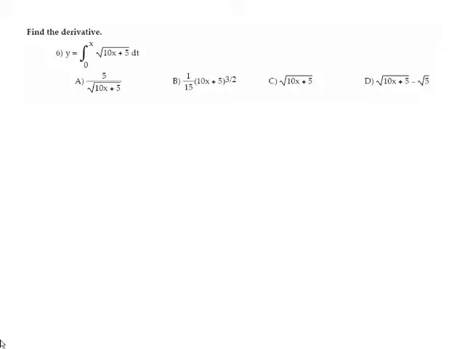Problem 6, we need to use the fundamental theorem of calculus, and basically to calculate dy dx, we just simply need to evaluate, although I notice there is one issue here in this problem. This should be a t.